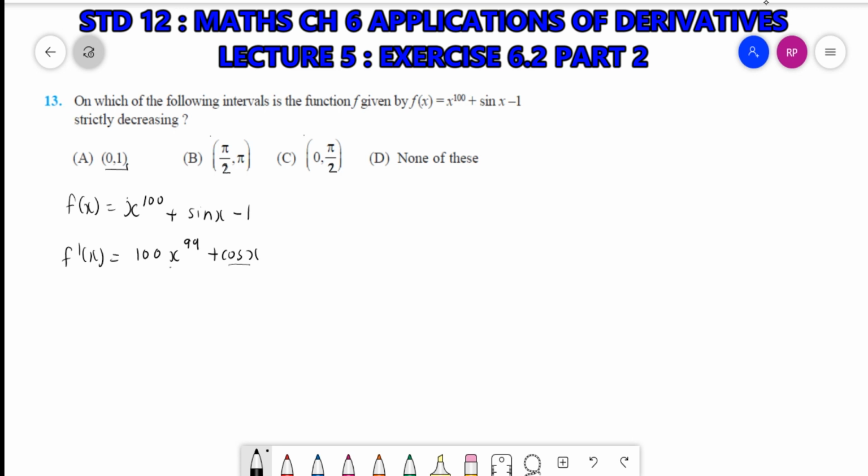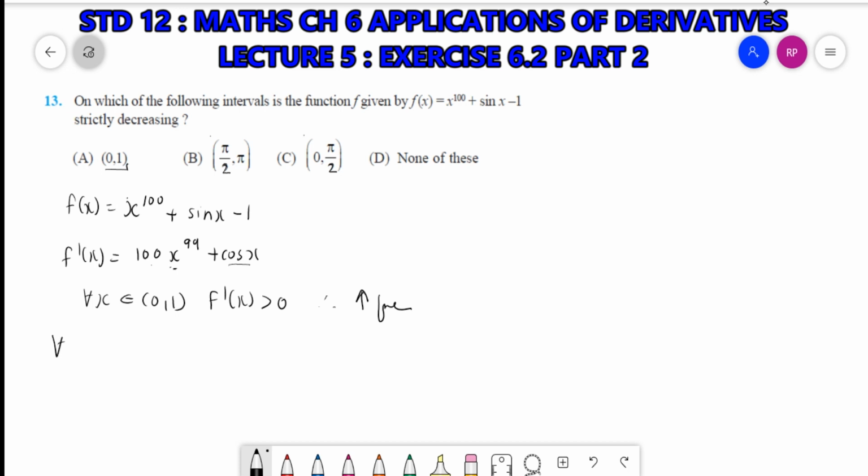This is 100 into a positive number raised to 99, so that will be positive. So for x belonging to (0, 1), f'(x) is greater than 0. Therefore, increasing function.